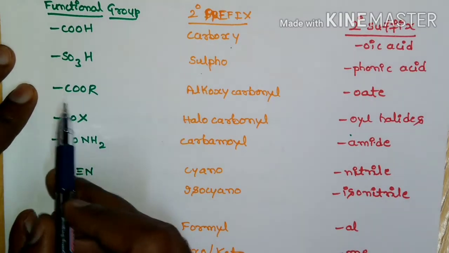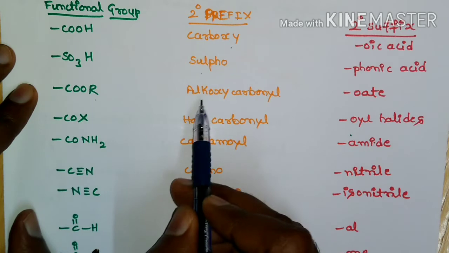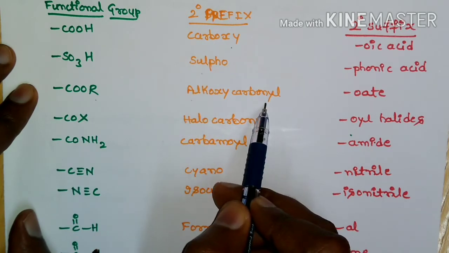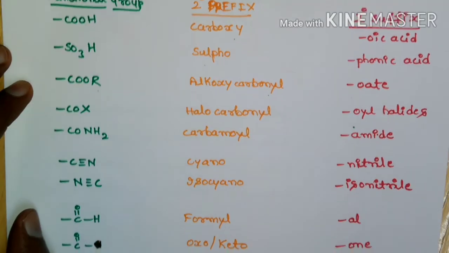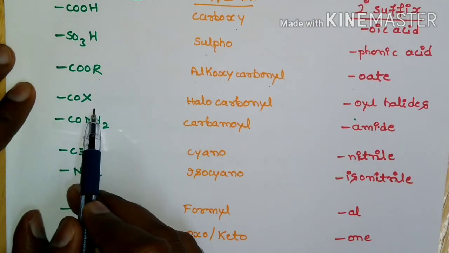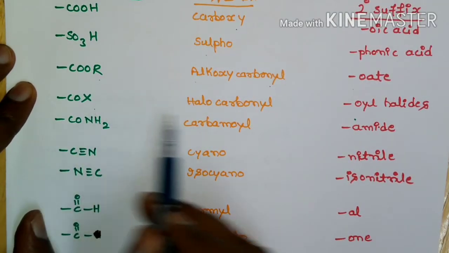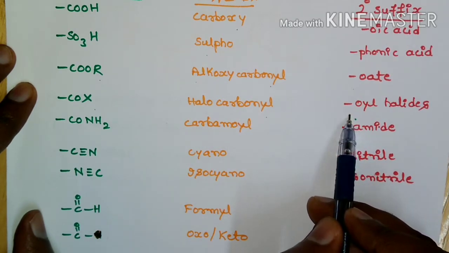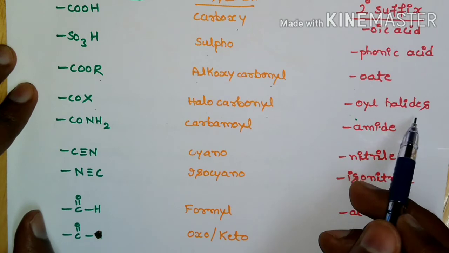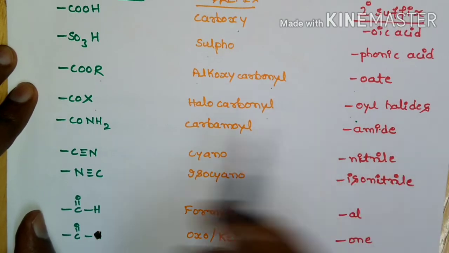Next is COOR, that is alkoxycarbonyl, with the suffix oate. Next is COX, halocarbonyl, whose suffix is oyl halide.